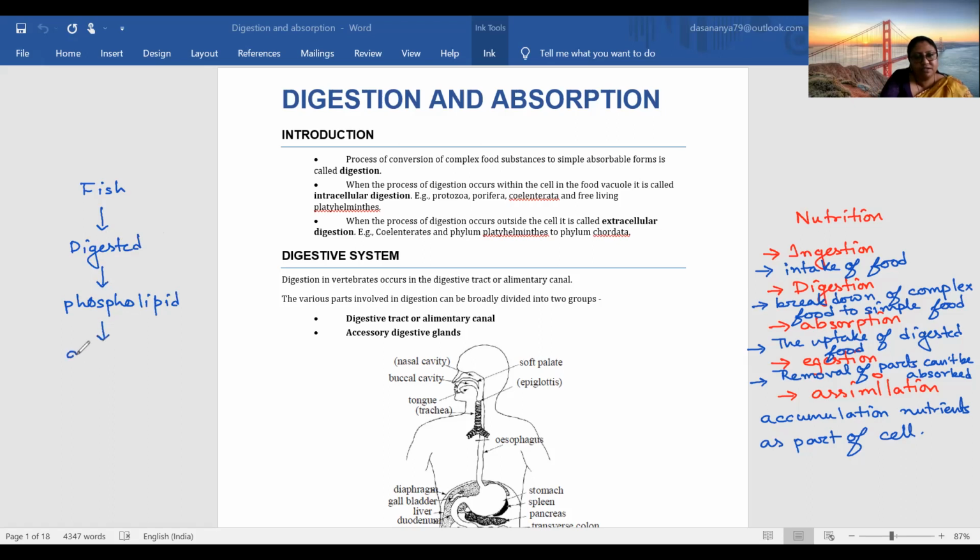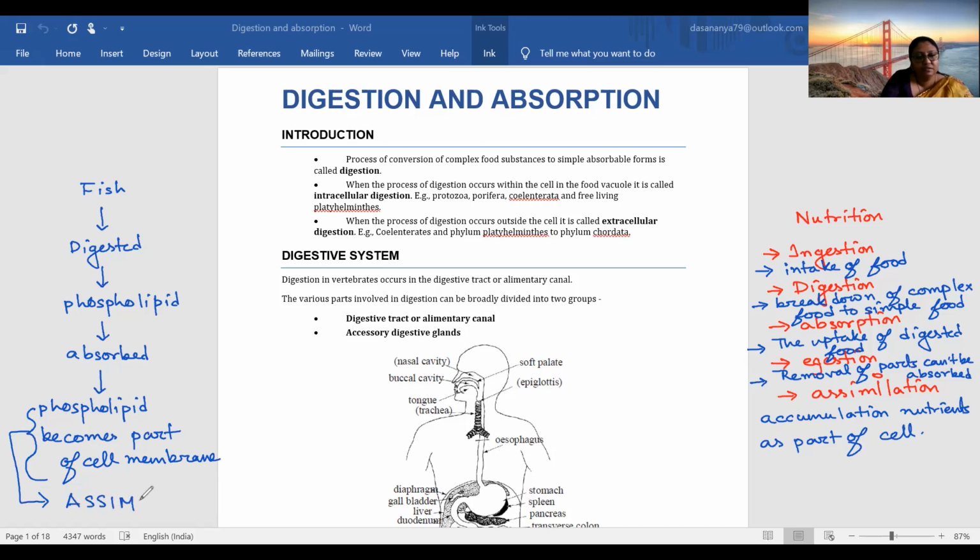This phospholipid was absorbed, but when this phospholipid becomes part of the cell membrane, we can say that assimilation is complete.